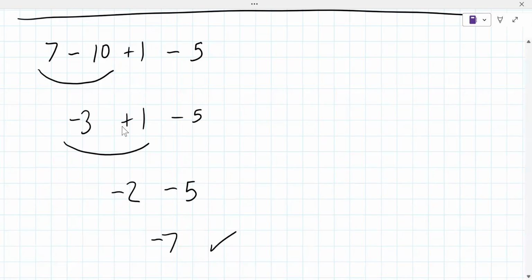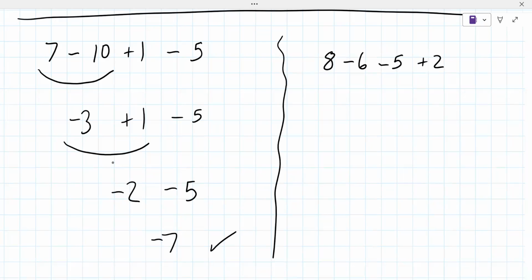Okay. So I'm going to give you one to try now on your own. I'll put it over on the right in case you want to look at this one. Let's go 8 minus 6 minus 5 plus 2. Okay. 8 minus 6 is 2. Keep going.